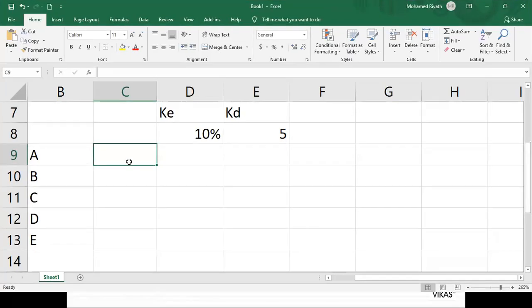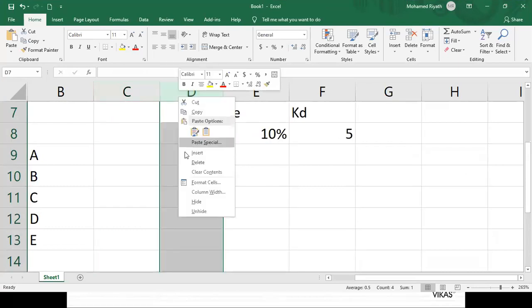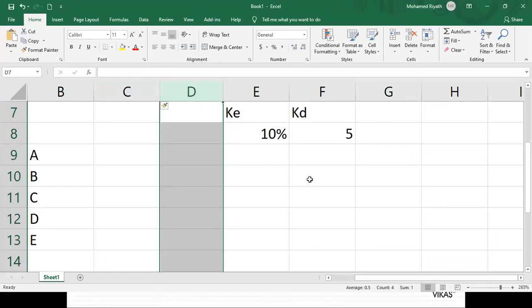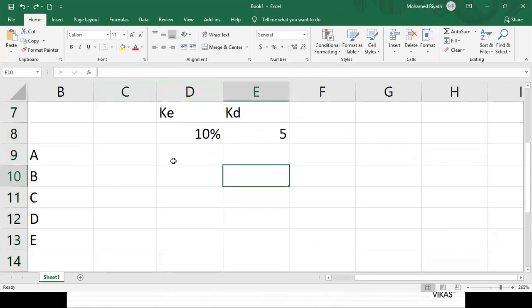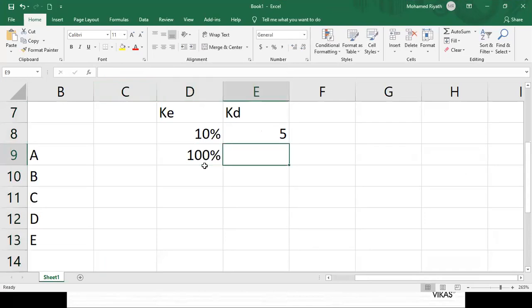So this means equity is 100%, debt equals 0%.